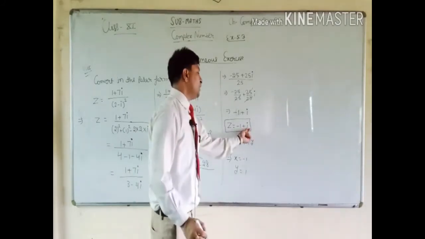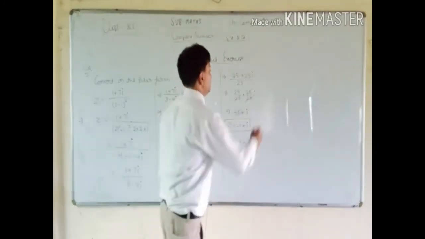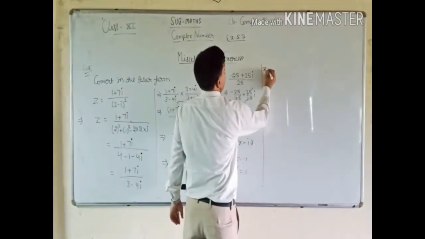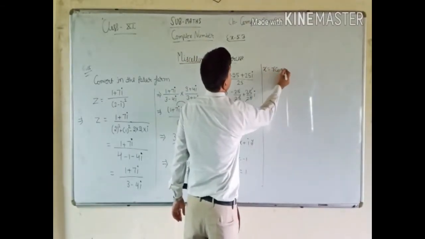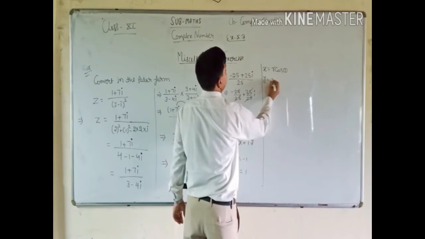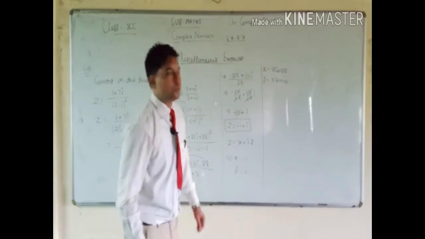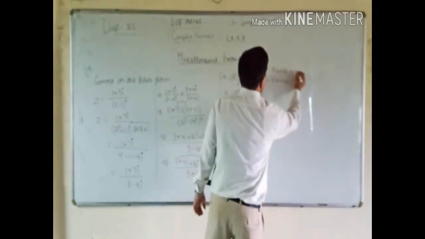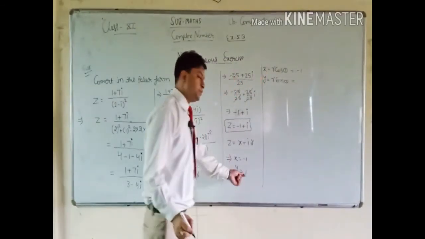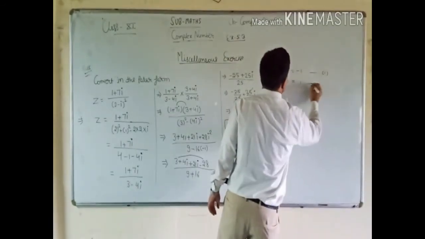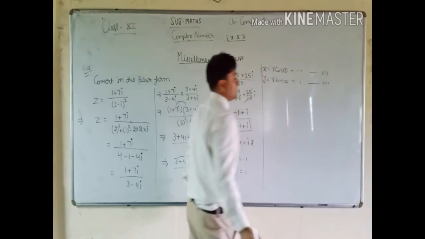The coefficient of i is equal to 1. We know that x equal to r cos θ and y equal to r sin θ. The value of x is equal to −1 and value of y is equal to 1. This is first equation and this is second equation.